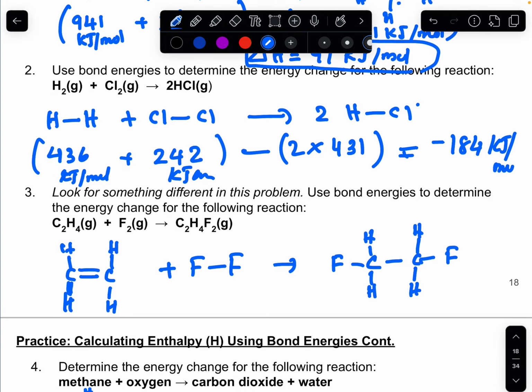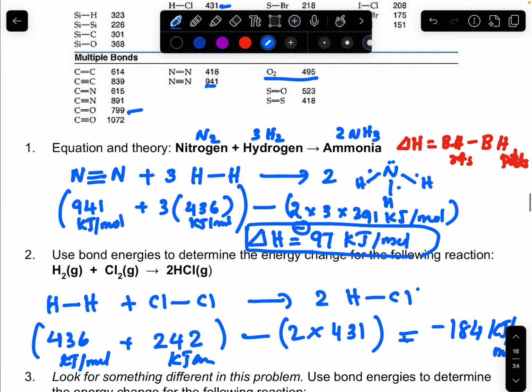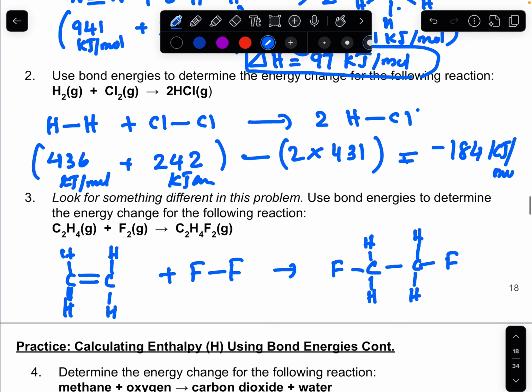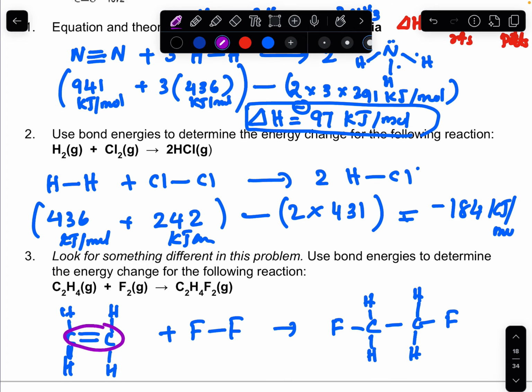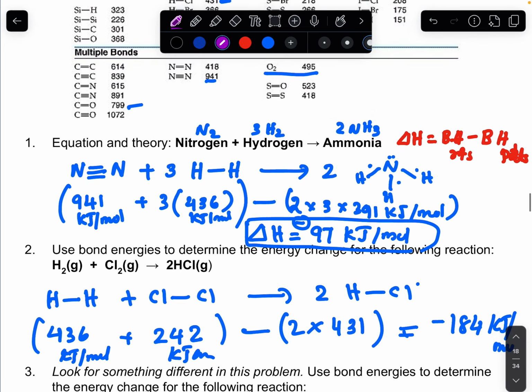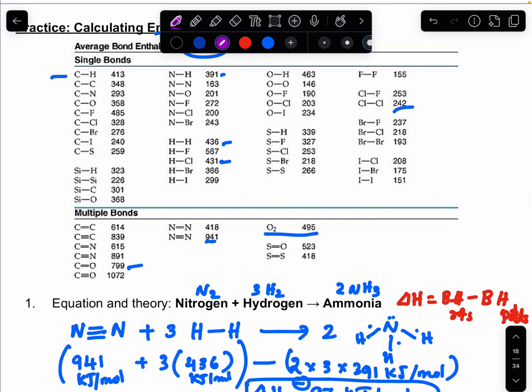Then you have to find the bond energy of C double bond C. So there is one C double bond C. I'll write with a different color. This is one C double bond C, which is 614. 614 plus there are four C-H bonds.